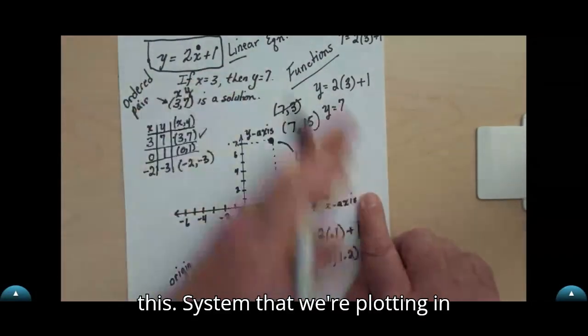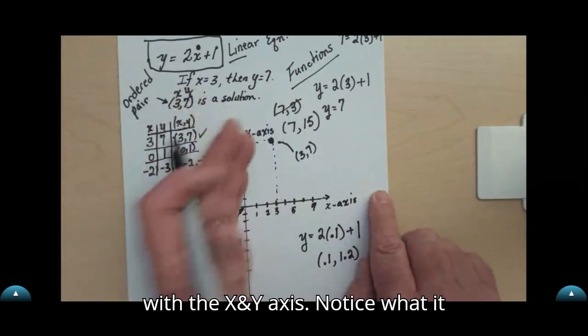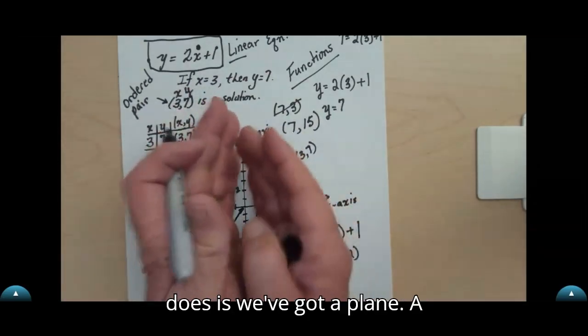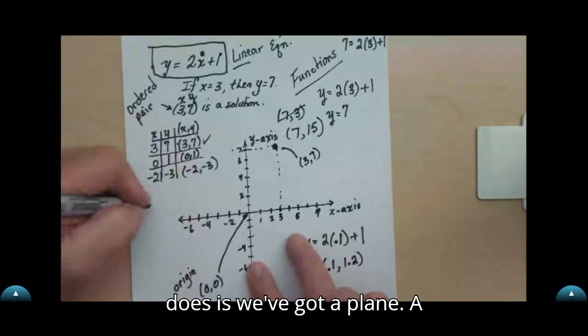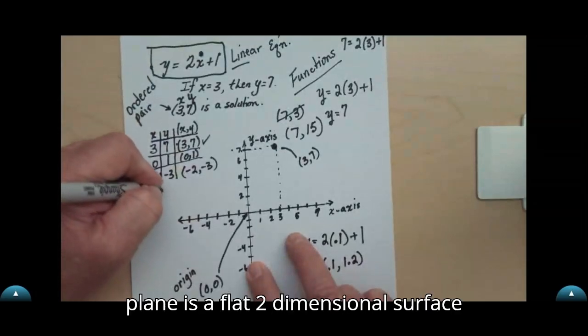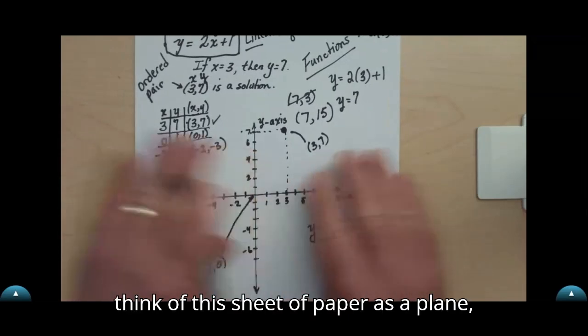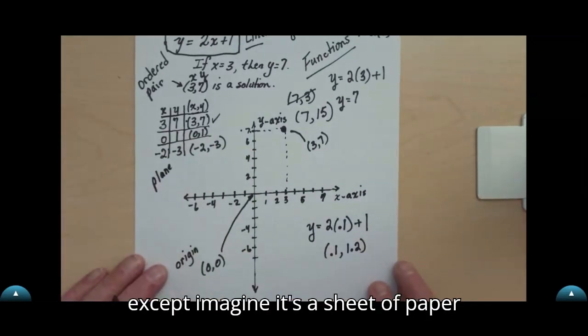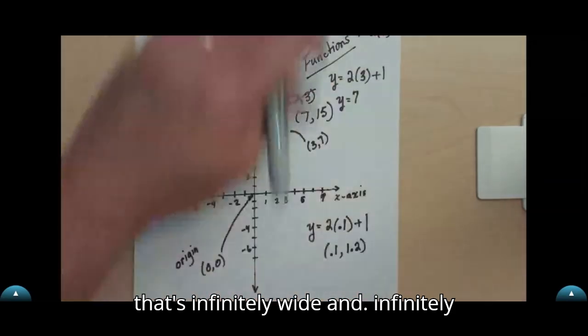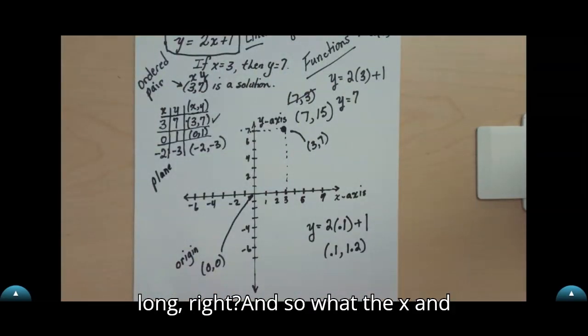This system that we're plotting in with the x and y axes gives us a plane. A plane is a flat two-dimensional surface that goes forever in both directions. Think of this sheet of paper as a plane, except imagine it's infinitely wide and infinitely long, right?